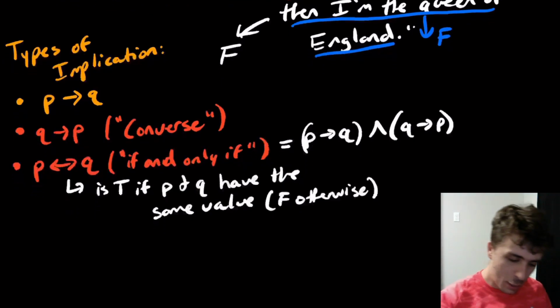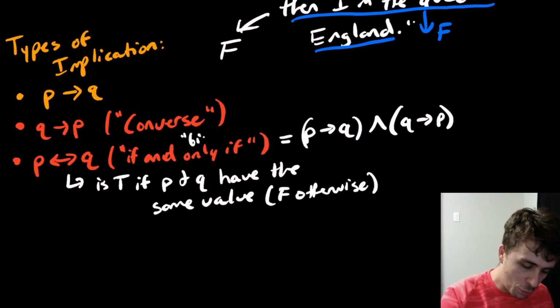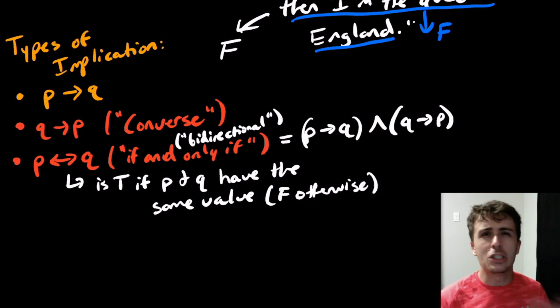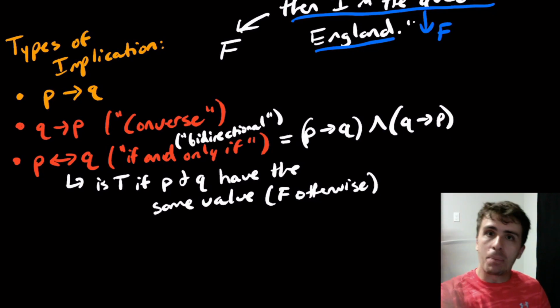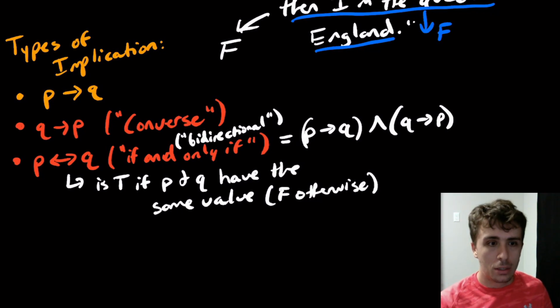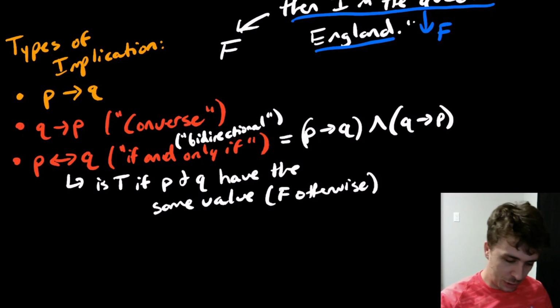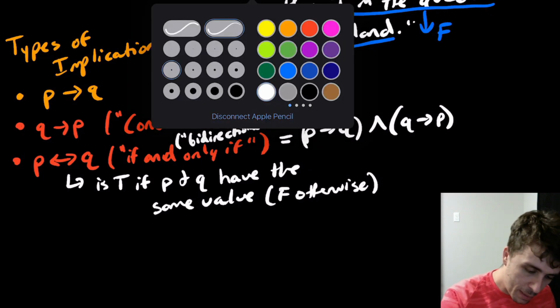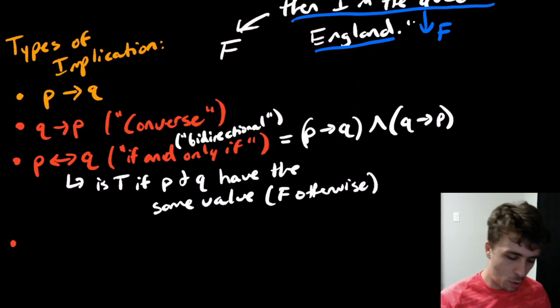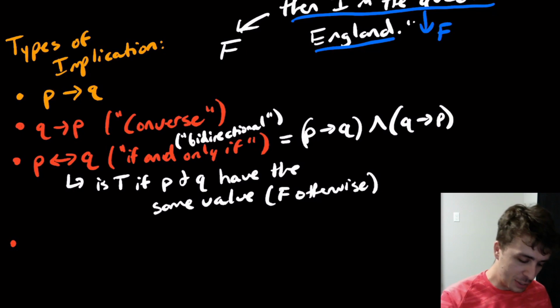Another term for this is a bidirectional implication, but we usually just say "if and only if." Whenever you see "if and only if" in some statement, it means that P implies Q and Q implies P. That is something to consider. But a very, very important one is called the contrapositive.